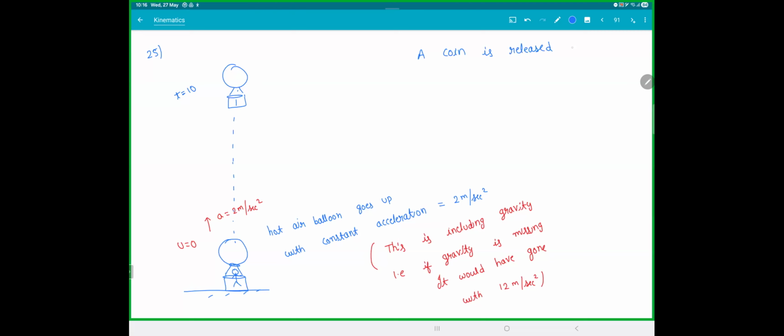A coin is released gently, you just tossed it, on the balloon at t is equal to 10 seconds. Find the time taken for the coin to reach the ground after releasing.